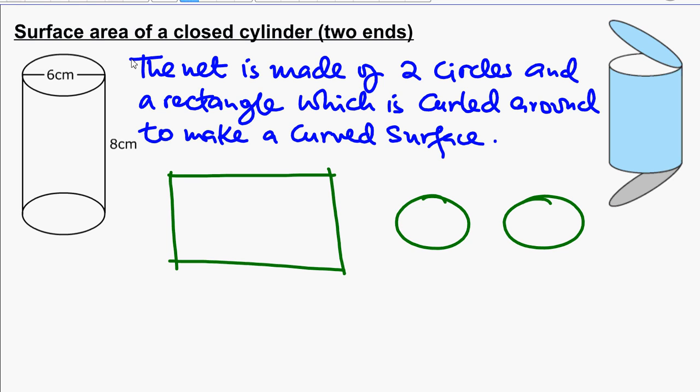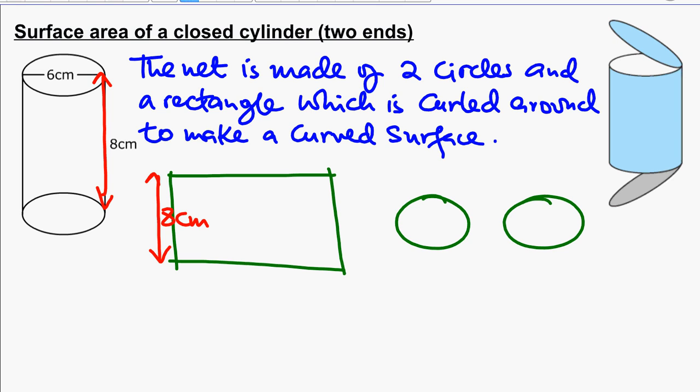Now for this rectangle, the height is 8 centimeters.